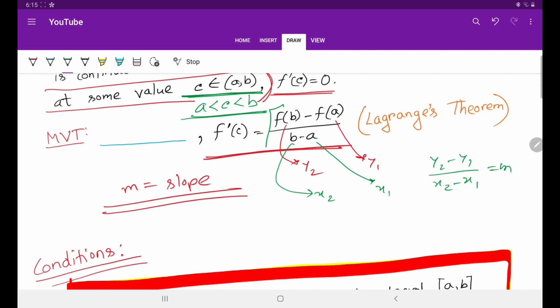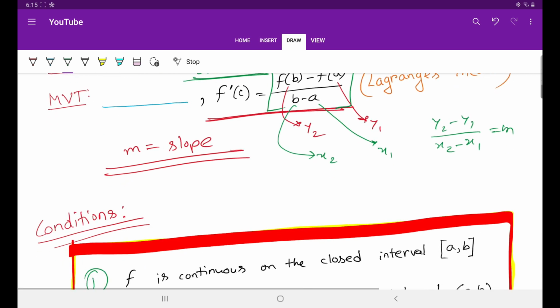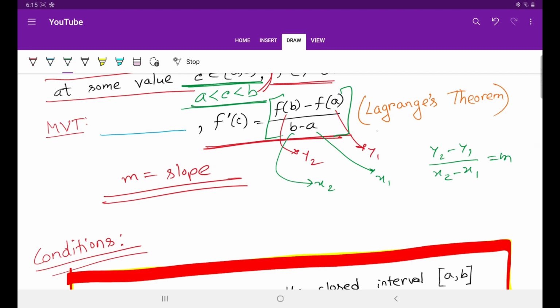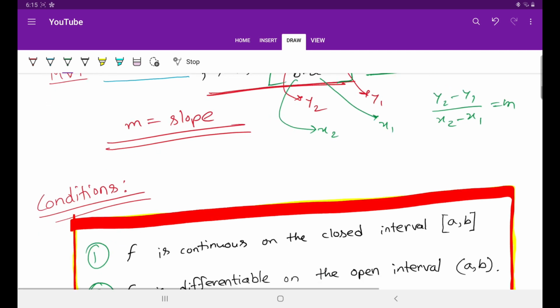In this form, it is very hard to remember, right? But if you think about slope, if you think that it's just m, then it will be easier for you. And one more thing, this theorem is also called Lagrange's theorem. But you don't need to remember it, though you can have a look there.